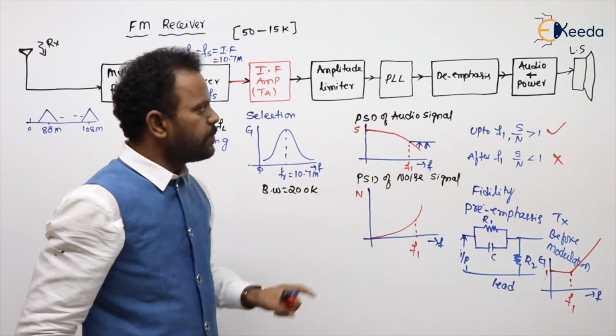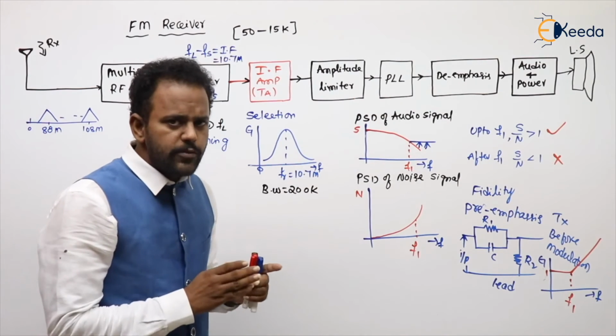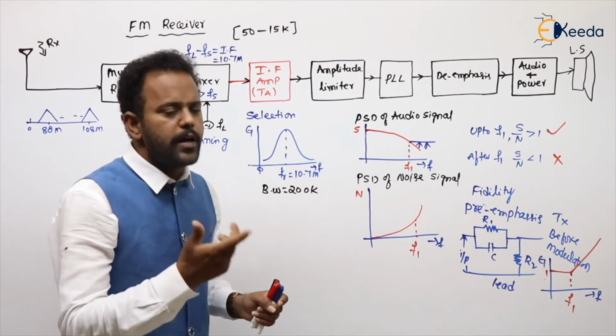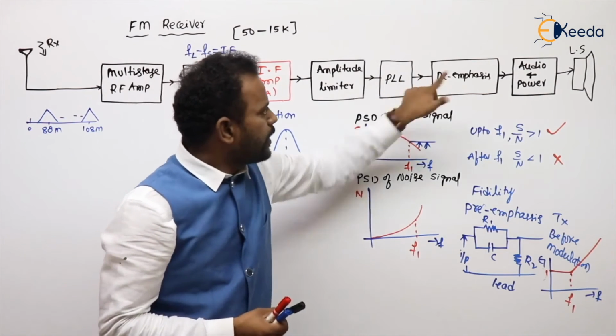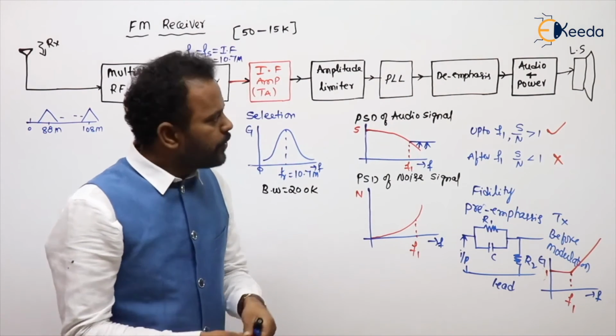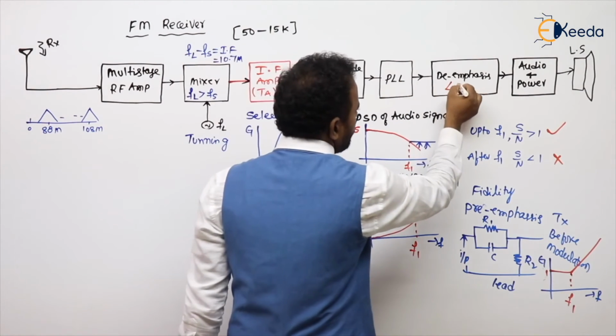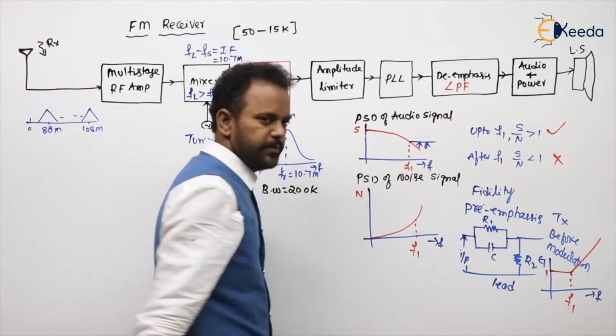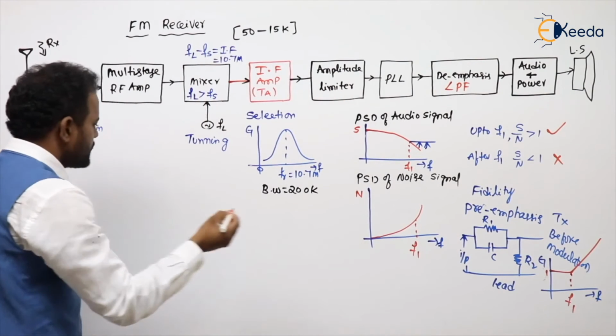Now what is de-emphasis? De-emphasis will be done at the receiver after demodulation. The circuit we are using for de-emphasis is a low pass filter. So what is the de-emphasis characteristic?